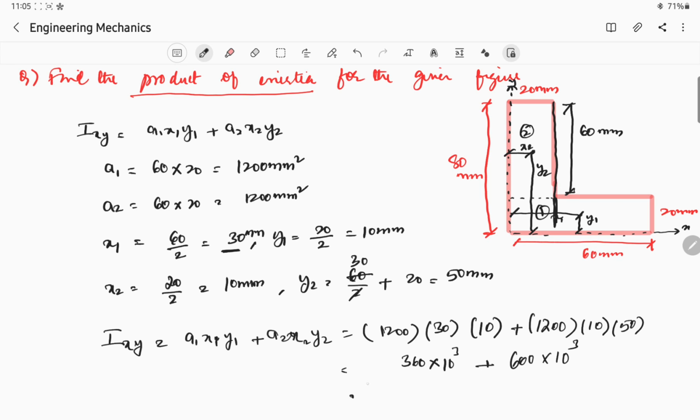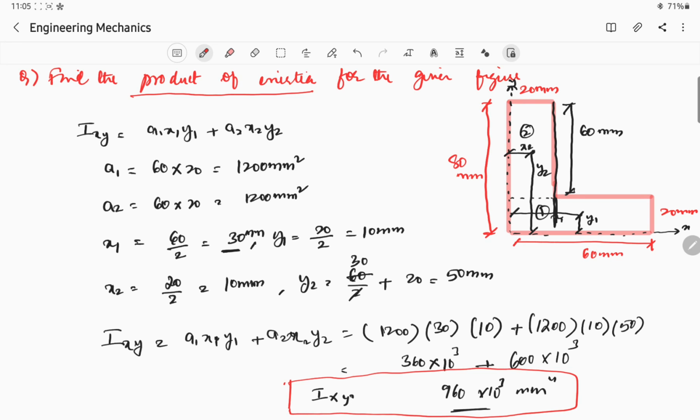If you add these two terms, you will get 960 into 10 power 3 mm power 4. So this is the final value of product of inertia. Product of inertia is 960 into 10 power 3. This is the final answer of our product of inertia. All right.